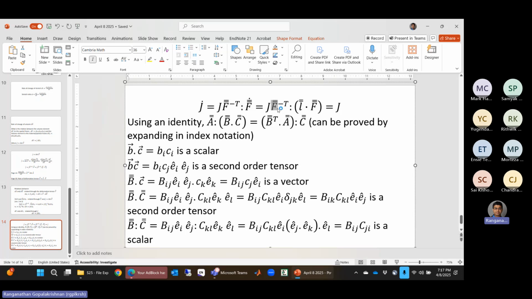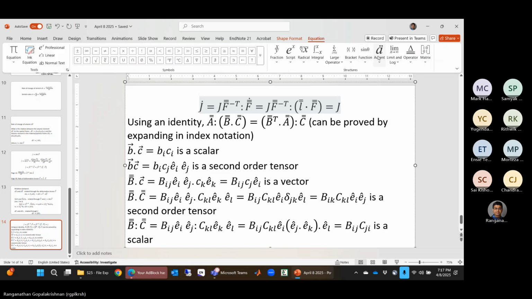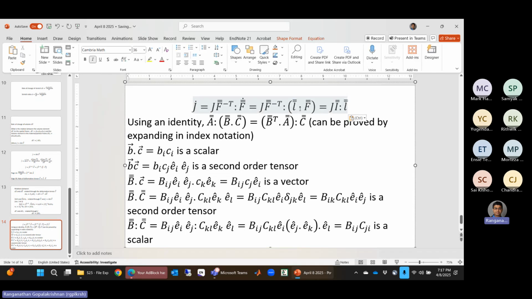A is F inverse transpose, and then double inner product with C, which is F. So this is equal to J times identity tensor double inner product the velocity gradient L. I'm deliberately skipping over that because we have only about 5 minutes, but it's definitely not impossible for you to substitute this identity and get this final result.